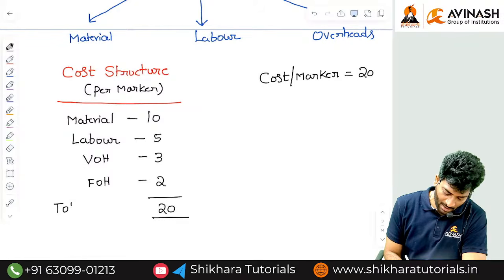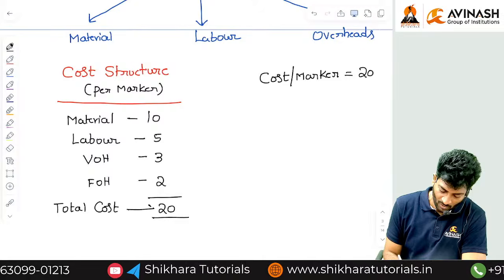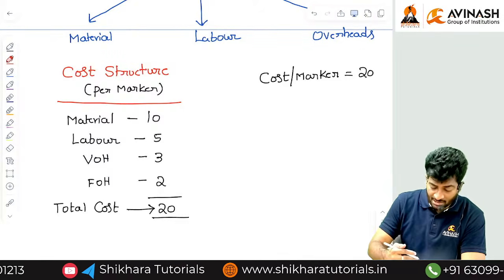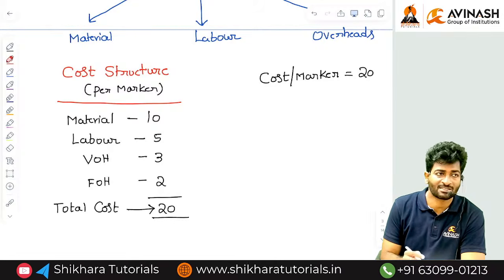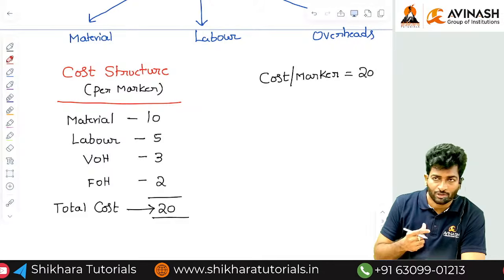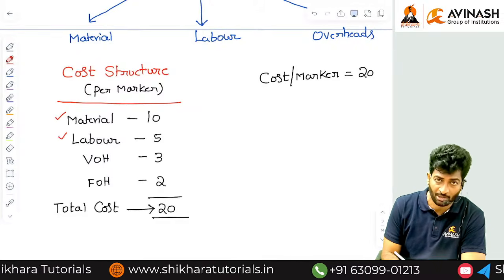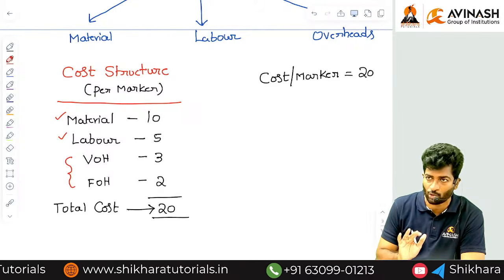Now this is my total cost, and here in this total cost of 20 rupees, you can see elements. Elements are nothing but components. So in this 20 rupees, I have a component of material, a component of labor, and forget about variable and fixed, put together both are overheads, right?